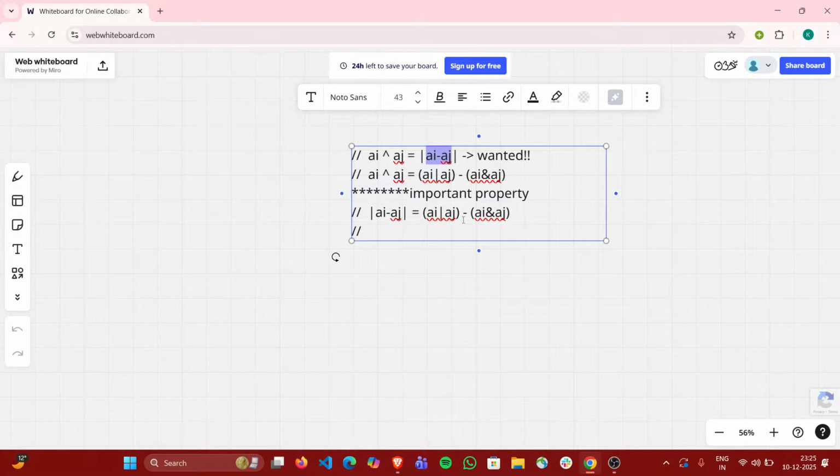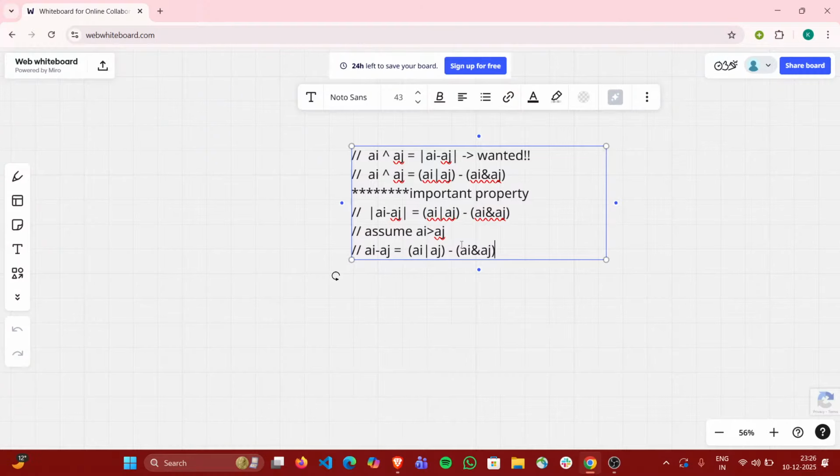Now what you can see is that, let us assume ai is greater than aj. So what will that mean? That ai minus aj is equal to, since the mod will open like this, mod has to be positive, so ai minus aj is greater than 0, and then ai minus aj equals ai OR aj minus ai AND aj.